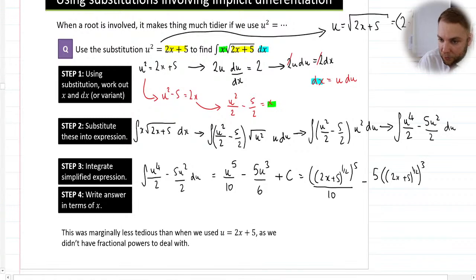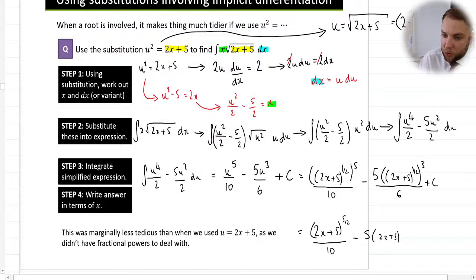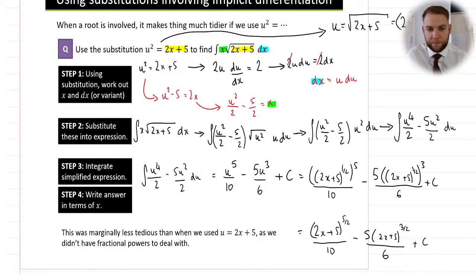Here, 3 all over 6 plus c, which gives you your equation here, which is exactly the same as the one before, isn't it? 2x plus 5 all to the power of 5 over 2 divided by 10 minus 5 times 2x plus 5 all to the power of 3 over 2 all over 6 plus c. Brilliant. Which is the same as what it was before. Absolutely brilliant. Super.